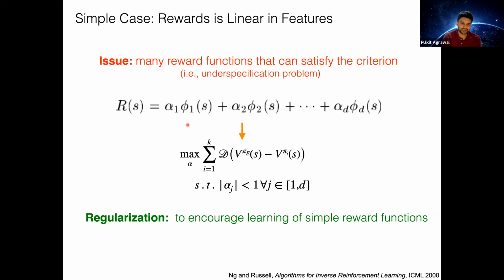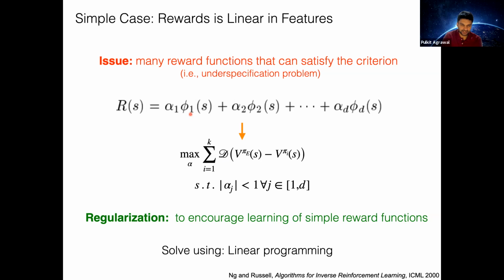So what this means is, maybe I want to use as few features as possible to learn my reward function. And in this case, where the reward function is linear in features, we can solve this using linear programming, right? Because this is a linear program that we can solve.